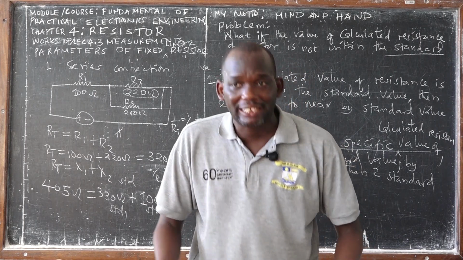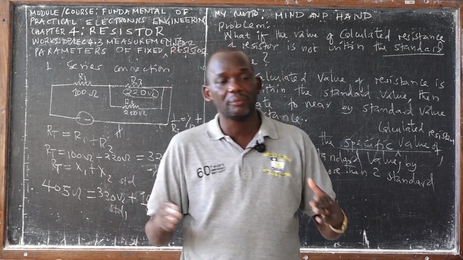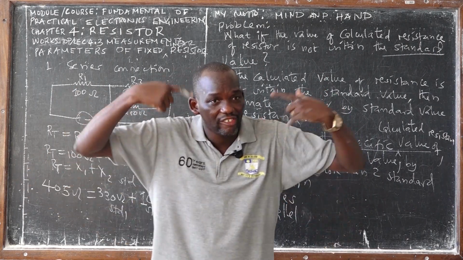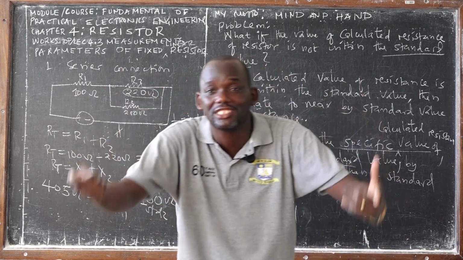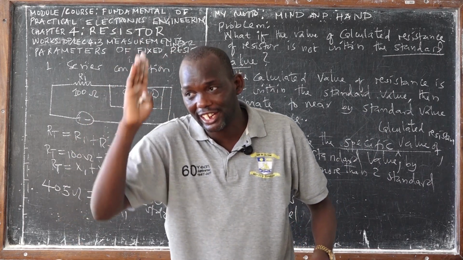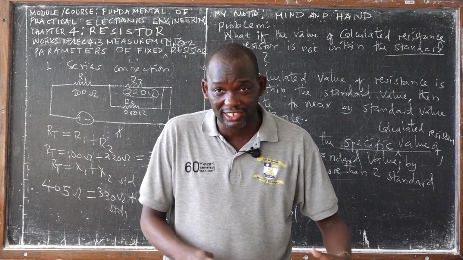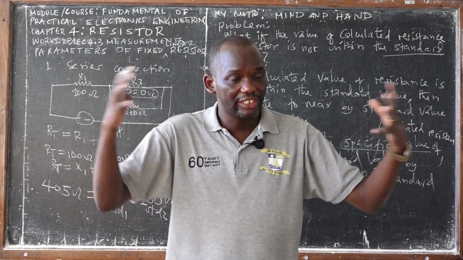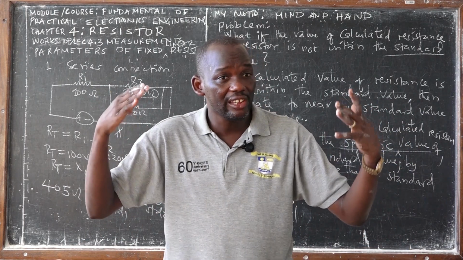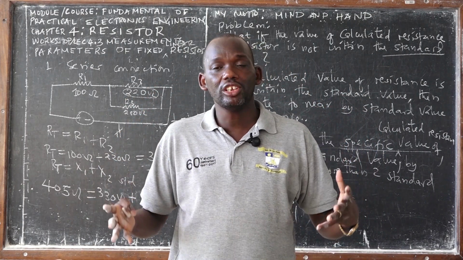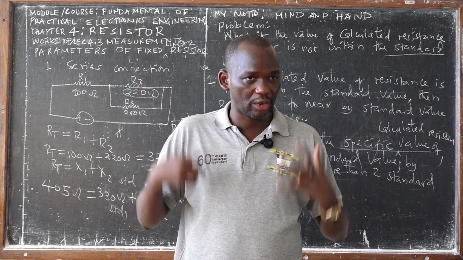In the series configuration, we connect two or three standard resistors which exist, but the total or equivalent resistance might not be a standard value. It might be the value that you got in calculation.